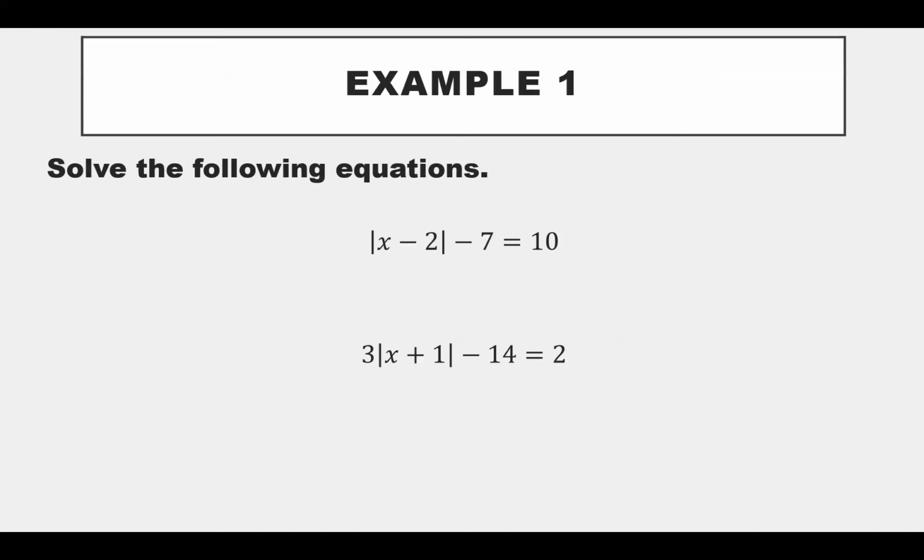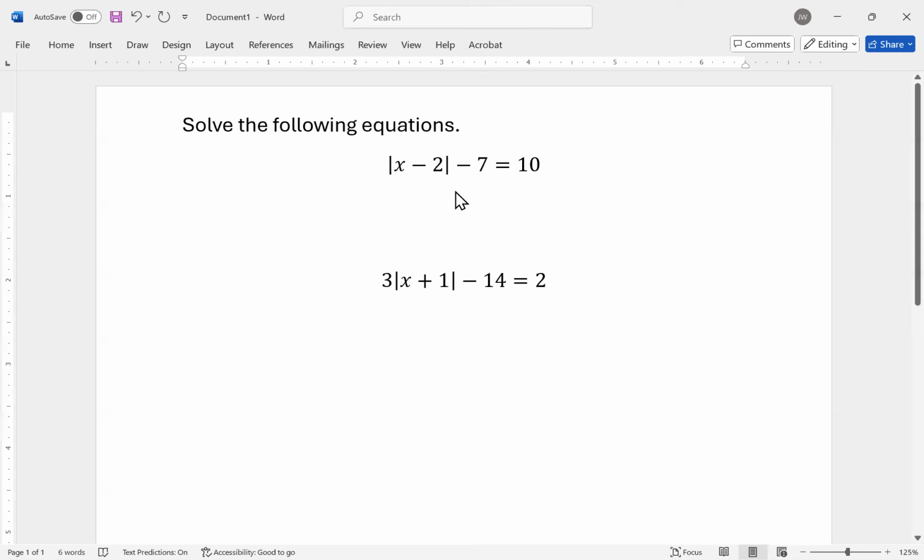Let's do an example for solving a couple of absolute value equations. The first equation says absolute value of the quantity x minus 2, minus 7, is equal to 10. We start out by isolating this absolute value of x minus 2.